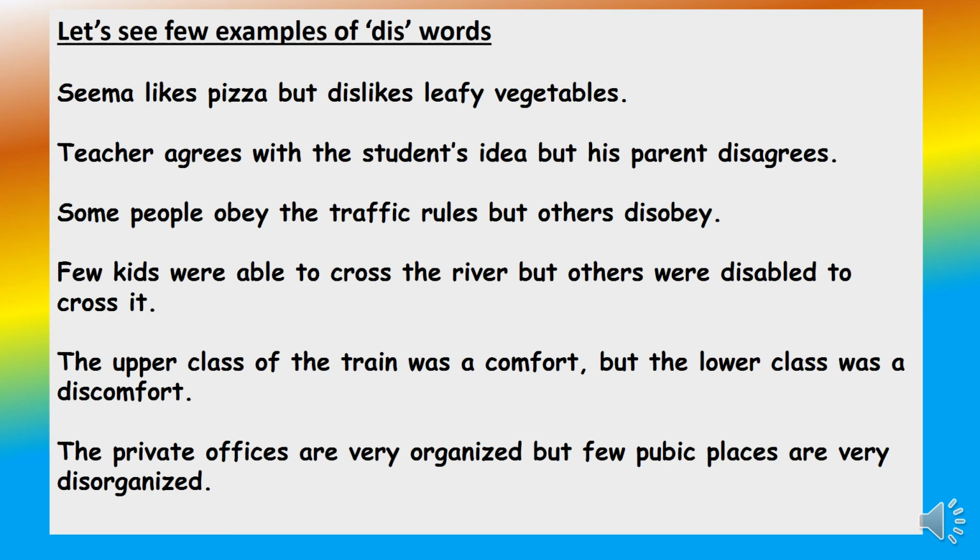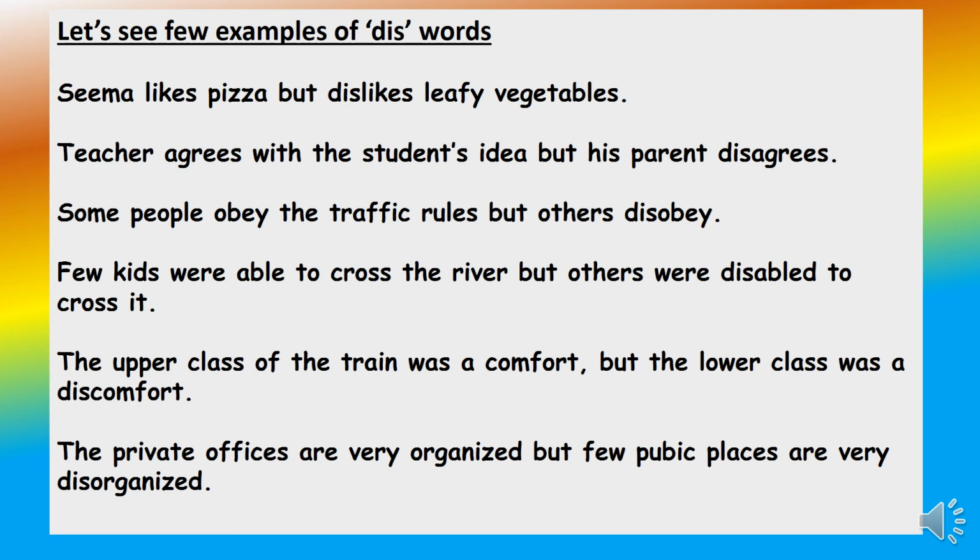The teacher agrees with the student's ideas, but his parents disagree. So, teacher agrees and parent disagrees. Agrees, disagrees. Some people obey the traffic rules, but others disobey. So, for obey, we have used disobey, the opposite, by adding the prefix dis.